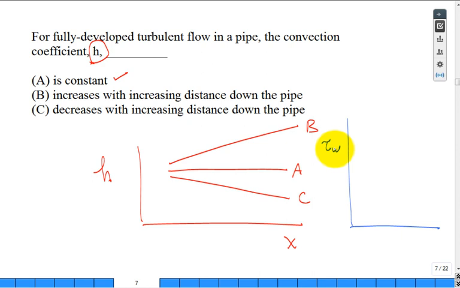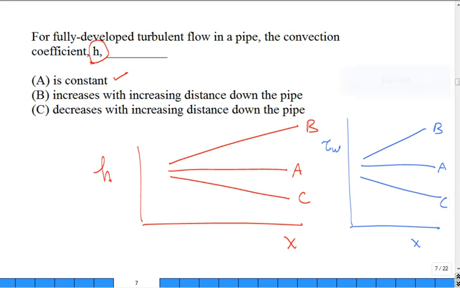All right, for fully developed turbulent flow down a pipe, is the wall shear stress as a distance down the pipe the same, constant? Does the wall shear stress go up with increasing distance down the pipe? Or does the wall shear stress go down with increasing distance down the pipe? That's our next new question. This is one, so go ahead and answer that one now.